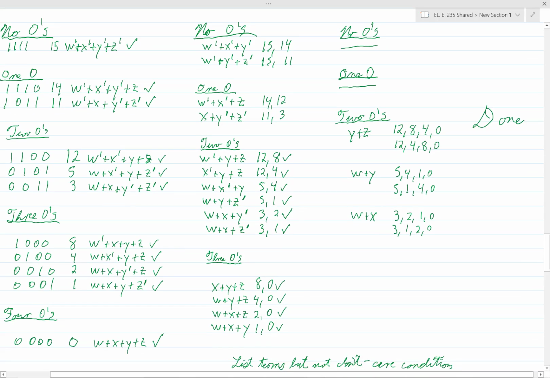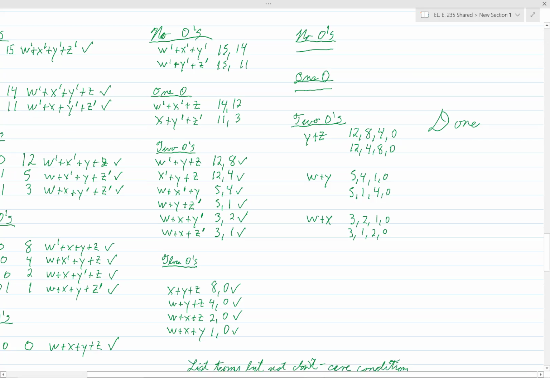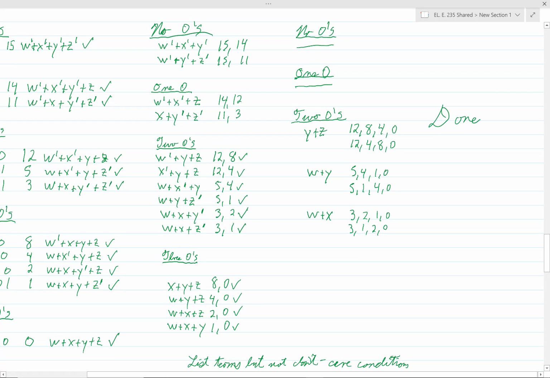Now, at this point, though, it will be a little different from before, because remember, in the problem we just did, everything in the middle column got a check mark as well, but that won't happen here. For instance, 15 and 14, which has WXY in it, well, it can't combine with anything here, so it does not get a check mark. And there's not going to be any more chances for it to get a check mark.